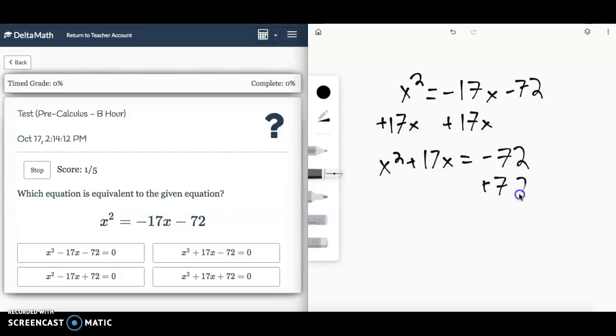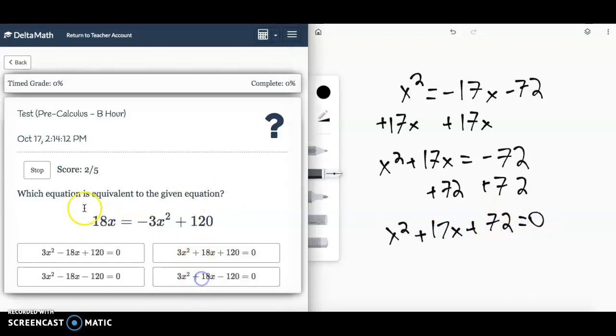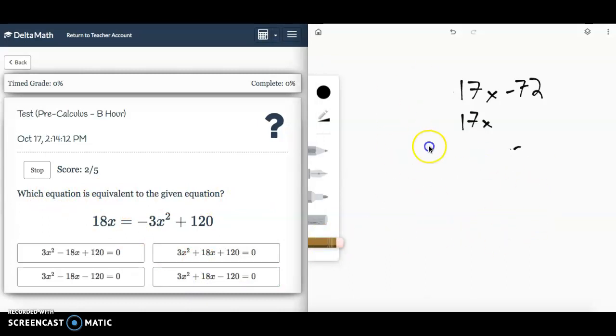Then you can add 72 to both sides, so I get x squared plus 17x plus 72 equals 0. All positive.